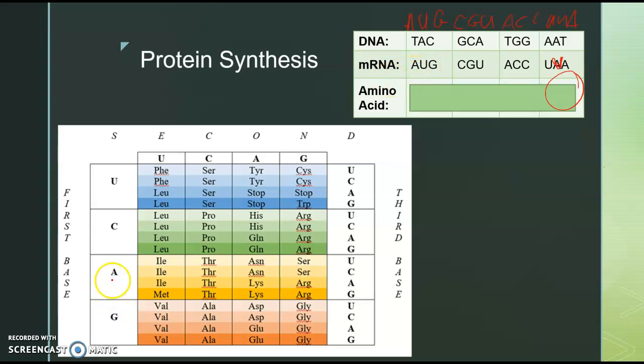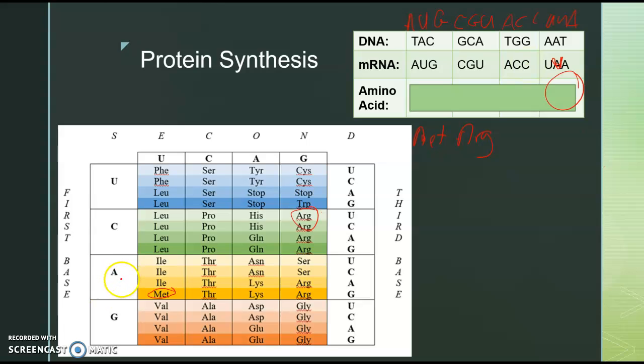First is A, U, so it's in this box somewhere, G. G is the last one. We're going to start with MET. Then we have CGU. Here is C. There's G, so it's in this box. Here's U, ARG. Now we have ACC.